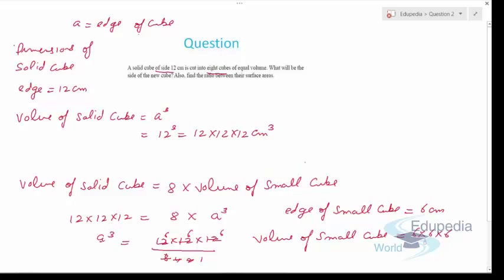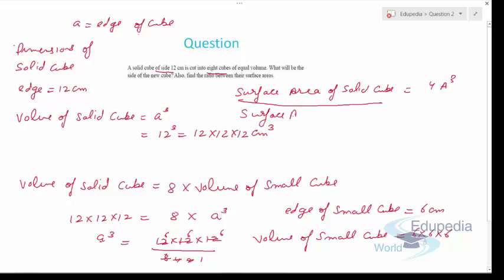Now the next part is we need to find the ratio between the surface areas. So it's again a very important question. Now we can say that the surface area of the solid cube is 4 A cube, let it be a cube, big A, upon the surface area of the small cube, which will be equal to 4 small a cube.